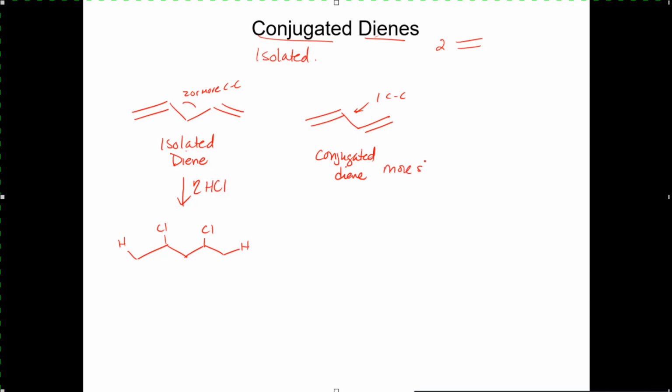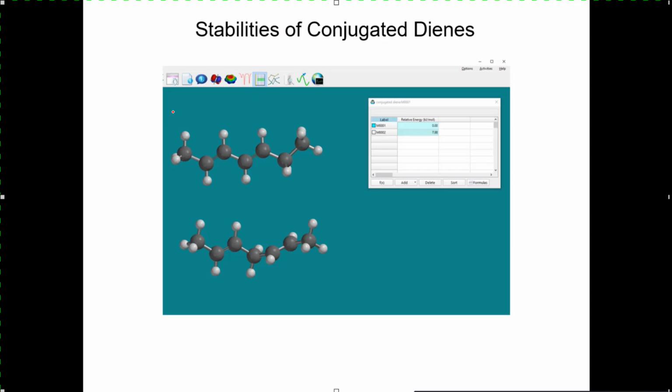So it turns out that a conjugated diene is more stable than an isolated one. And here are some calculations that I did on the computer to show that this conjugated diene, which is the top one, is more stable than the isolated diene, which is on the bottom.